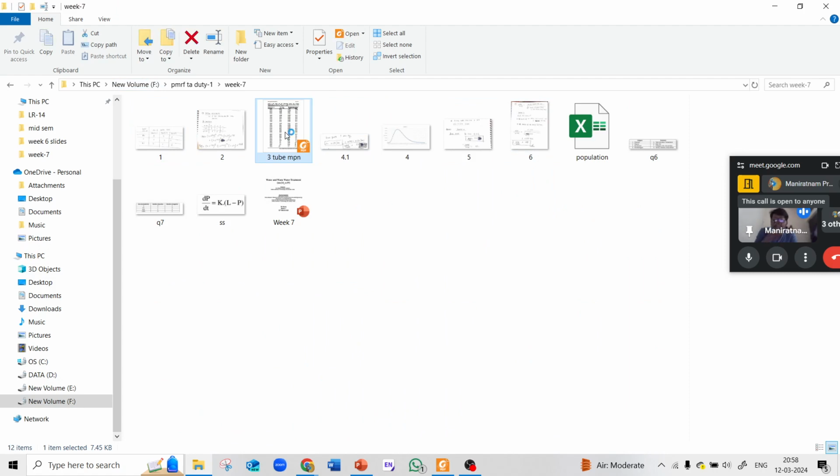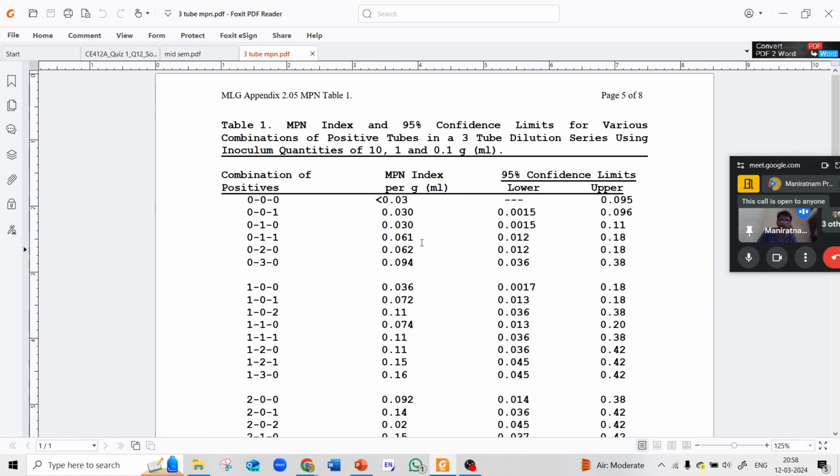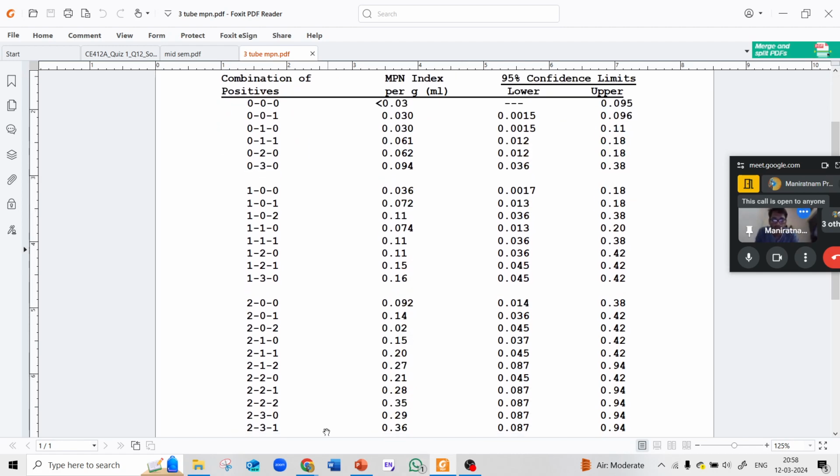This kind of table is present on websites. My condition was that I am using 10 ml, 1 ml, and 0.1 ml with 3 tubes. Similarly, when you use different volumes, a different kind of table is used.